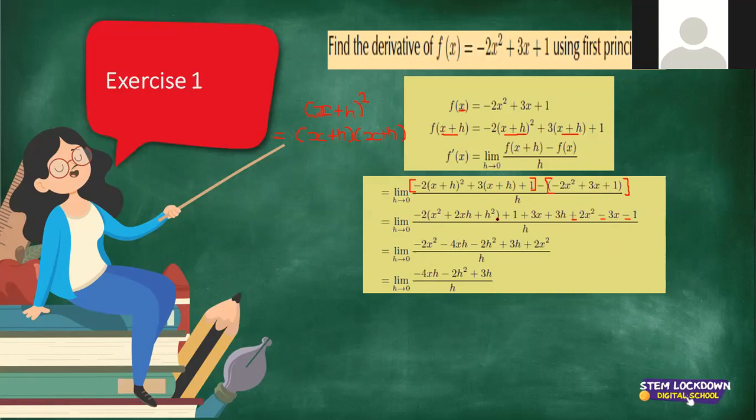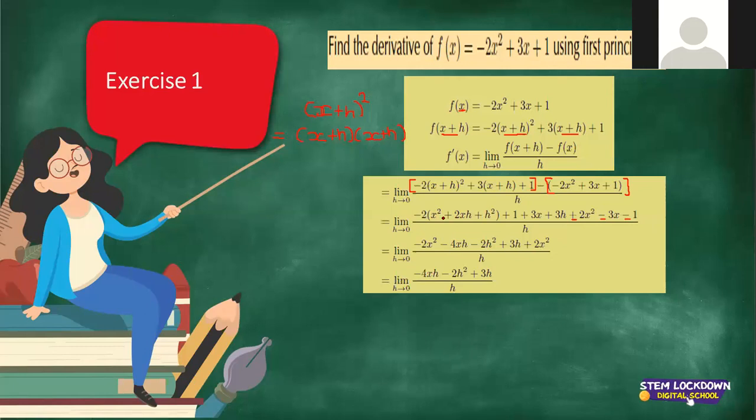So now you'll have negative 2x squared minus 4h, because it's that times that 2, and then negative times positive, please remember. And then negative times positive is that, plus 3h plus that.